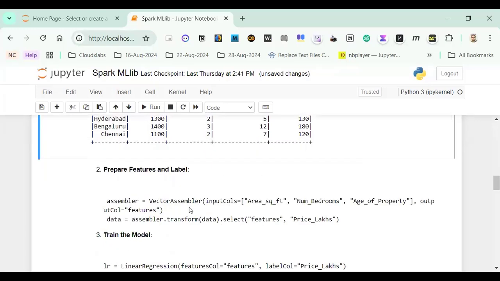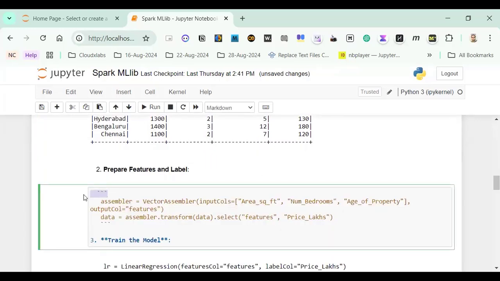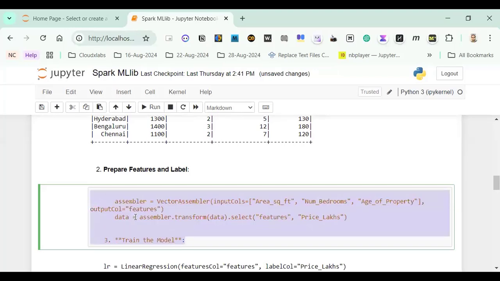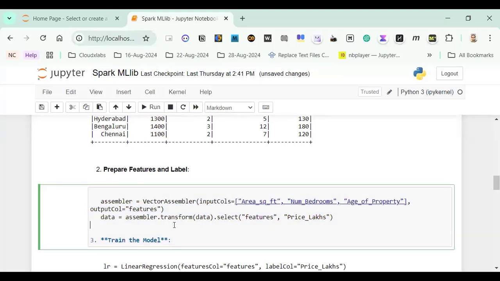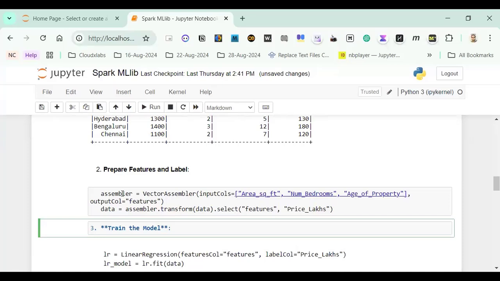Clear information. Now the second step is we have to prepare the data. Let's split the data.